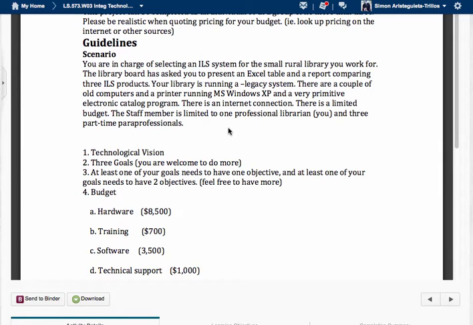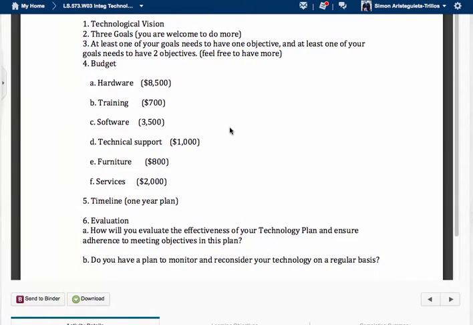Now you have to choose one of the products that you reviewed, and you're going to spend the money trying to implement that product. Now, if we're talking about a turnkey product, do not add that in the budget, because that library doesn't have enough money to buy that kind of product.